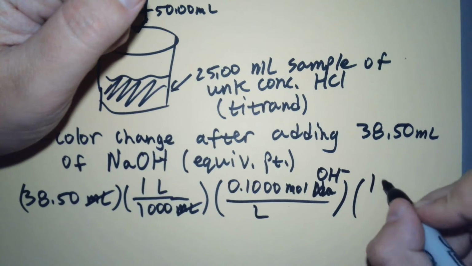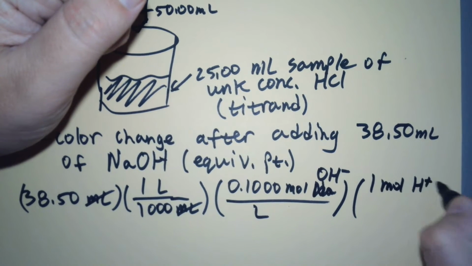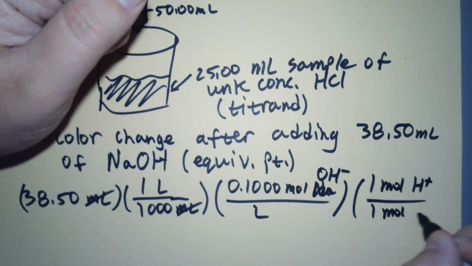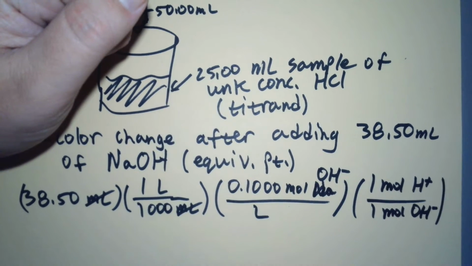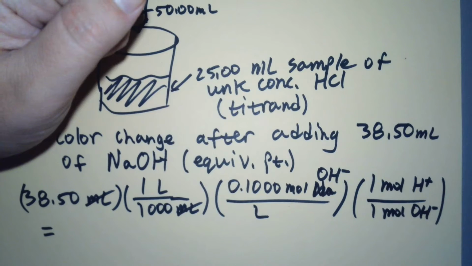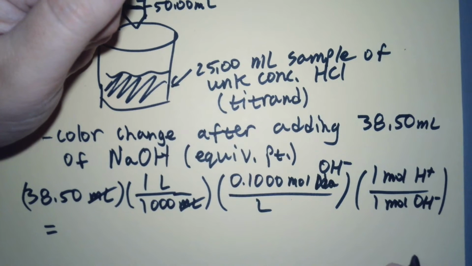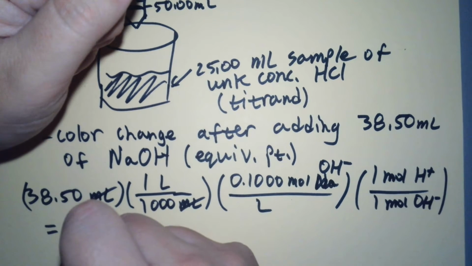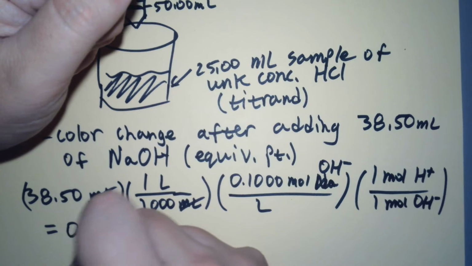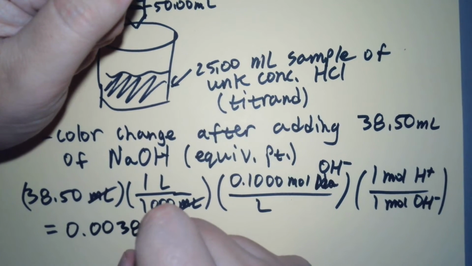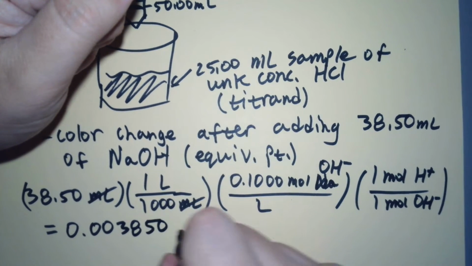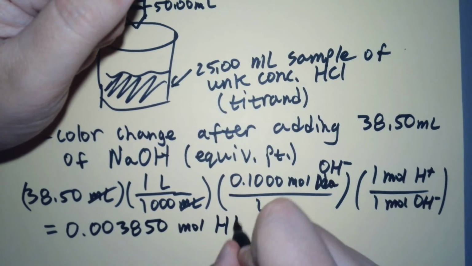And then there's going to be 1 mole H plus for every 1 mole OH minus. And so we just punch that up in our calculator and solve this. And we get 0.003850 moles of H plus.